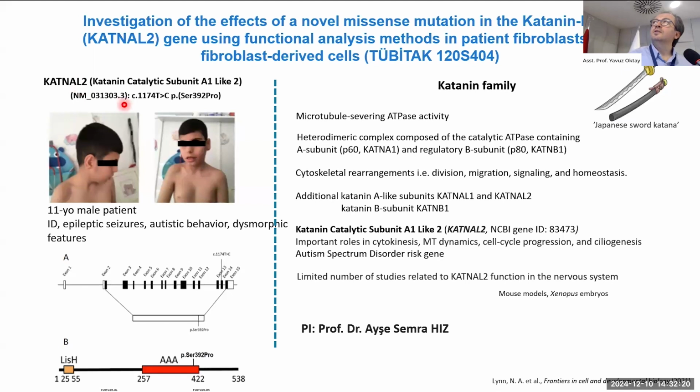This is an 11-year-old male patient with epileptic seizures, intellectual disability, autistic behavior, and dysmorphic features. When we did the segregation analysis in the family after whole exome sequencing, we confirmed that this is a good candidate. The variant resides in the AAA ATPase domain of CATNAL2.